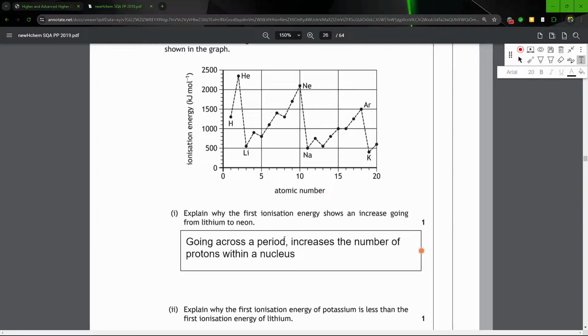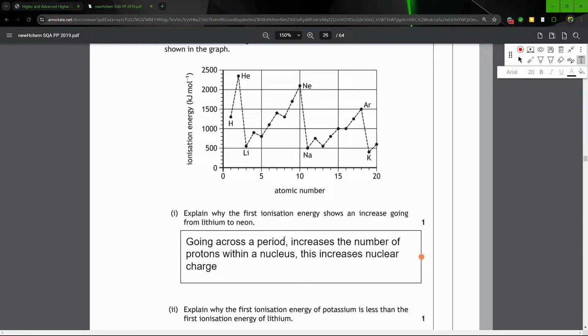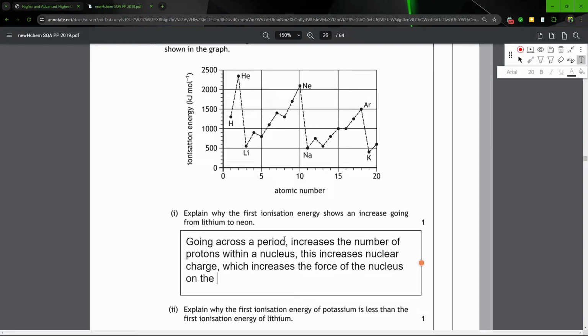But just to really cover all bases, I'm going to say this increases nuclear charge, which increases the force of the nucleus on the outer electrons, increasing ionization energy.